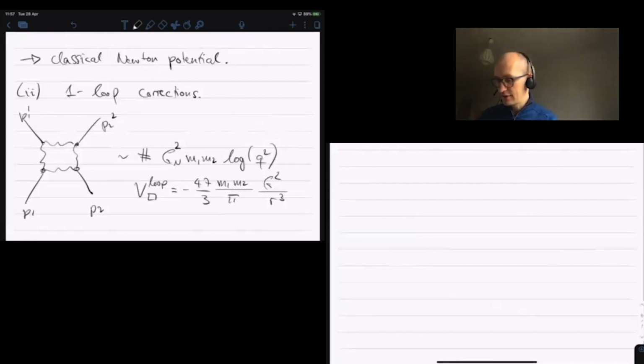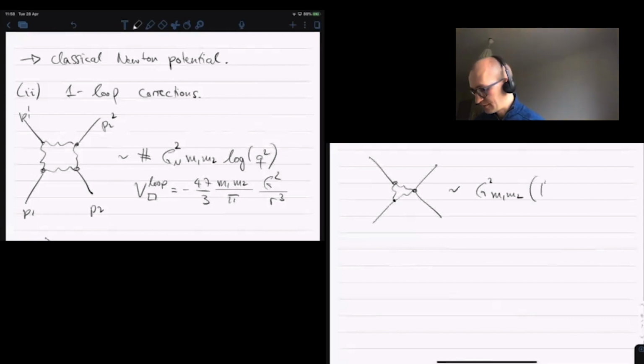But let me just say that you have other one-loop corrections. For example, you can make a diagram like this, where you have some triangle here, and then you take this kind of vertex, and this goes like G squared m1 m2 times some number times log of q squared, plus some other number times m1 over the length of q, also non-analytic.